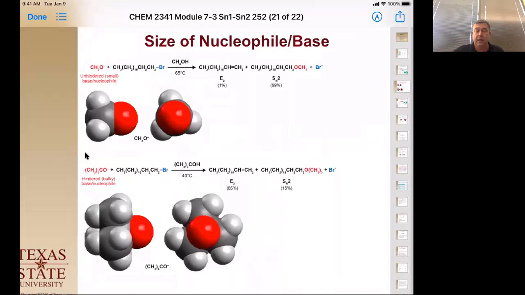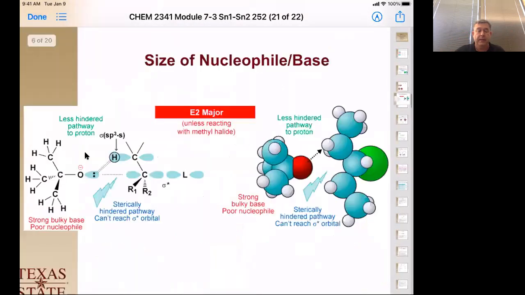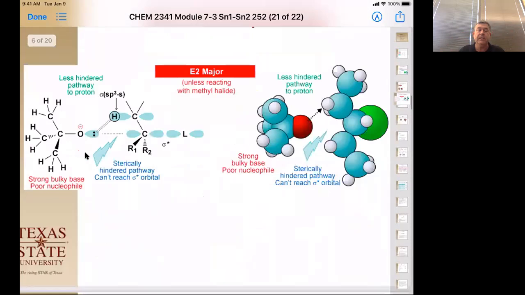Okay, and again, this has everything to do with sterics. It can't get into that pocket, but instead of trying to form the bond here with the atom with the leaving group, it's much closer to just removing one of these 4 hydrogens. When it removes one of those 4 hydrogens, it can make the alkene. And that's why the E2 is our major product.